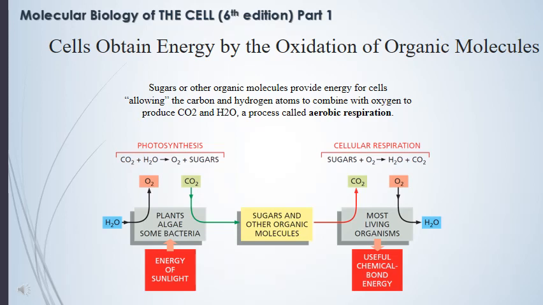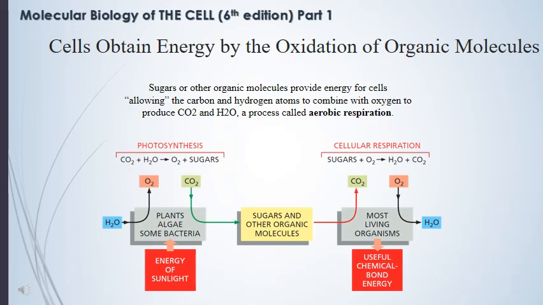This reaction happens in plants, in algae, in some photosynthetic bacteria, and it requires energy from the sun. Then, when animals eat plants, animals take up sugars, and then that sugar is burnt in a controlled manner.